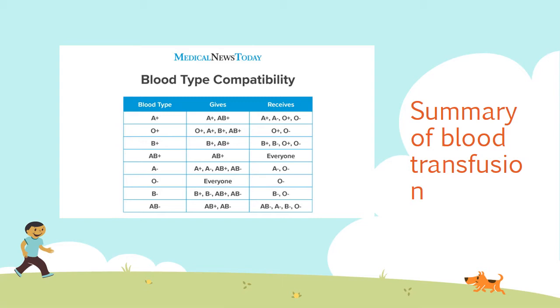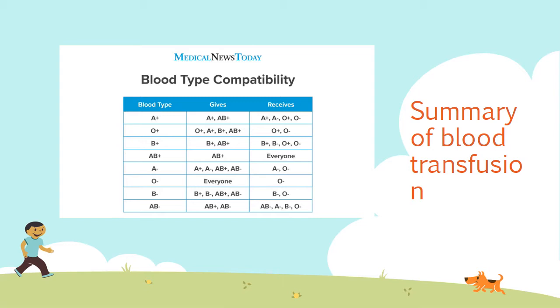Let's start with the blood types, but here you can see the negative and the positive. This is the rhesus factor, which we are going to deal with in the next video. Blood type A positive gives to A positive and AB positive, and receives from A positive, A negative, O positive, and O negative.